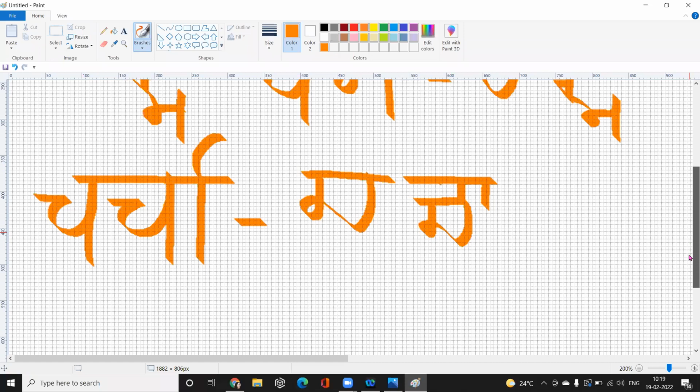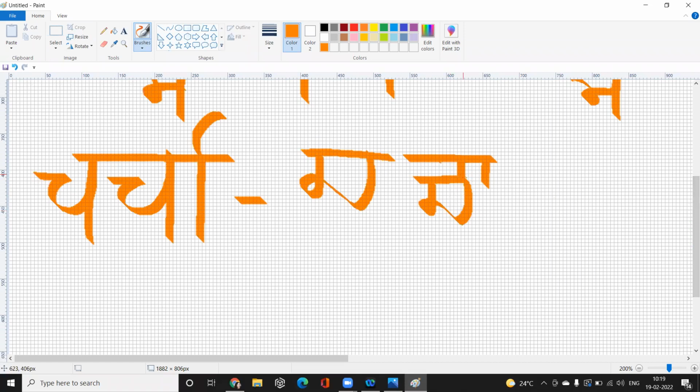That is because this rule, the way of writing ra with any alphabet like this, is only applied to the category B letters. For example, I have to write ra and ja together. This is how I'll write it. So in case of category B letters, ra would be always written like this.